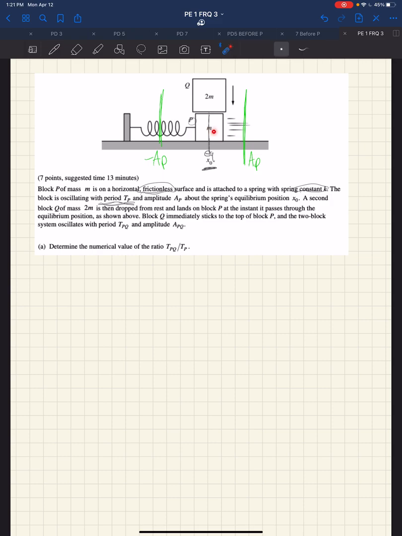So we have this block going back and forth undergoing simple harmonic motion. We know that when it's out here, the spring is stretched the fullest. So that is when it has the greatest potential energy and the velocity is 0. When it reaches here, all that potential energy has been converted to kinetic energy. So this is where it's the fastest, has all the kinetic energy, and this is all the potential energy out here.